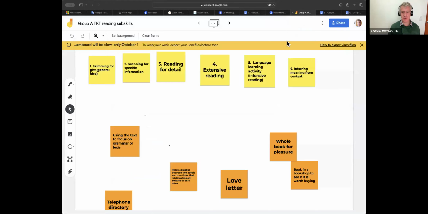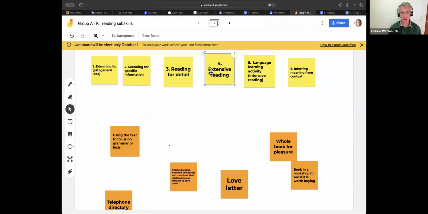The next thing is you're going to stay in the same groups, but I'd like you to match the subskills. Remember, I mentioned subskills earlier, and the analogy is with driving a car, like being able to use the mirror to see backwards is like a subskill of driving.